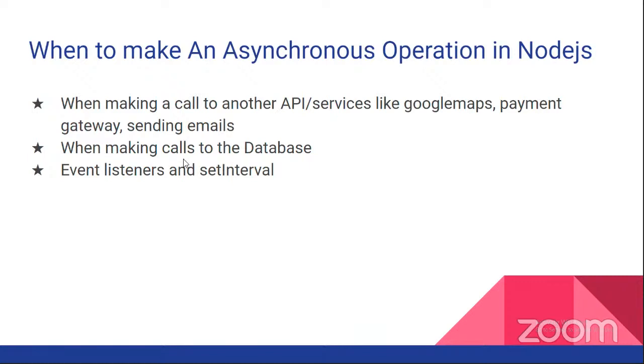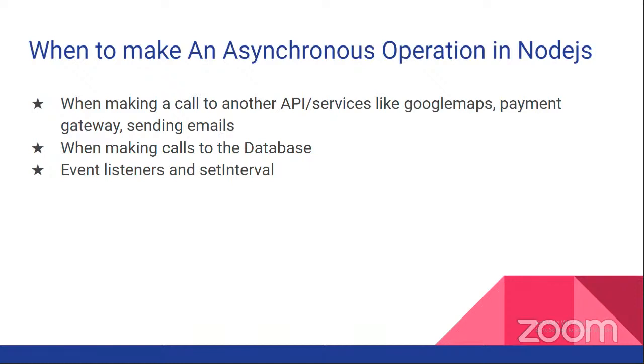Especially when making calls to a database, there is no way you make calls to your database without using an asynchronous operation. Although I will still explain how databases work and why, you need to know that it's important to use asynchronous operation when making calls to your database. For example, if you are using something like Mongoose, or if you want to add something to your database, you have to wait.